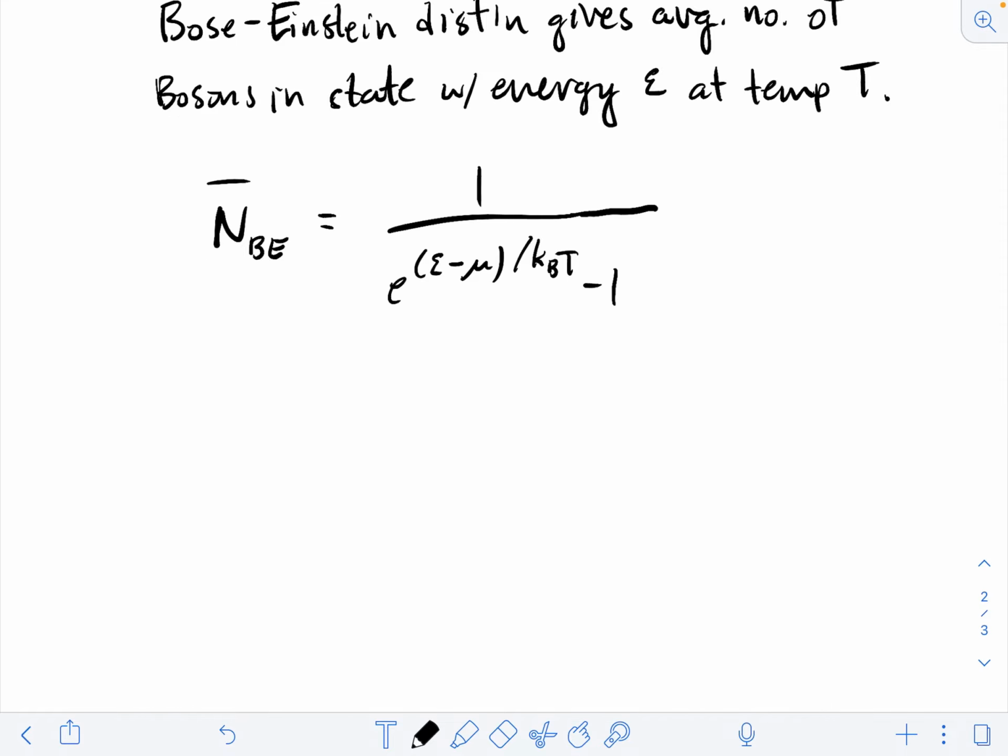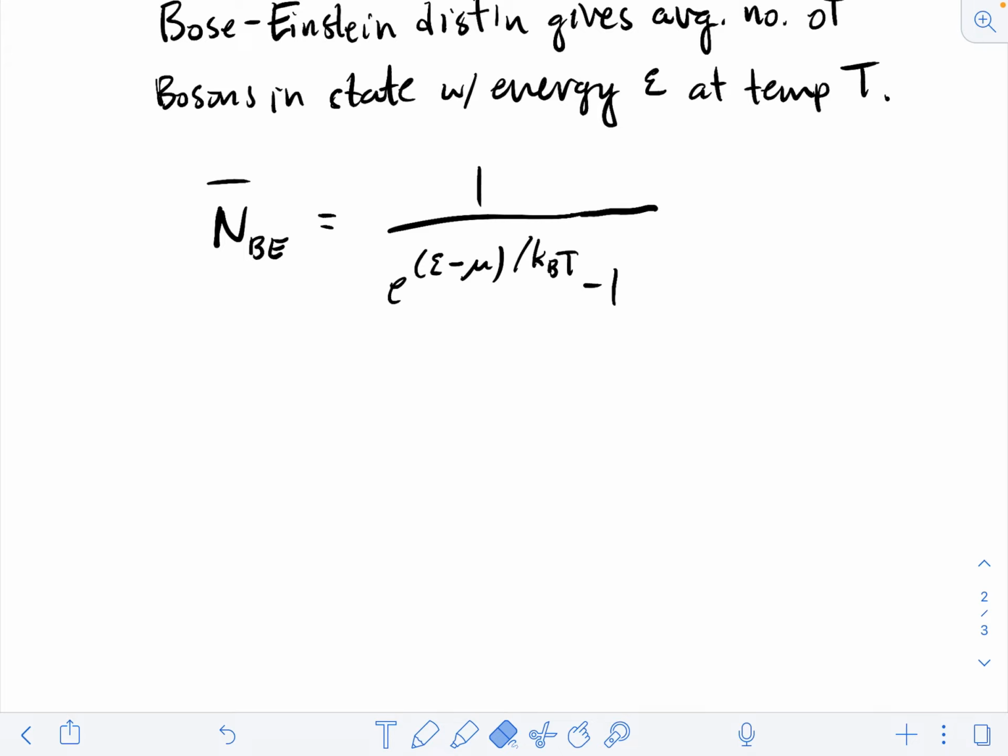So let's think about some fixed temperature, and if we went to a very high energy epsilon, then e to a large number is going to be very large, and we have 1 divided by a large number minus 1.